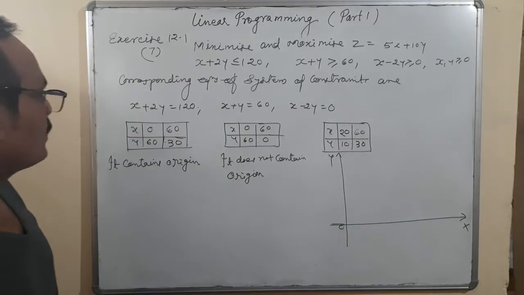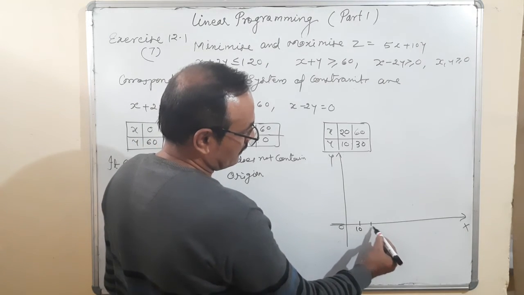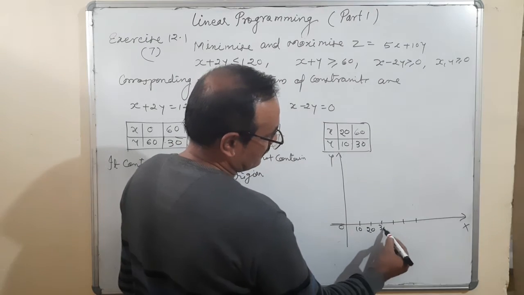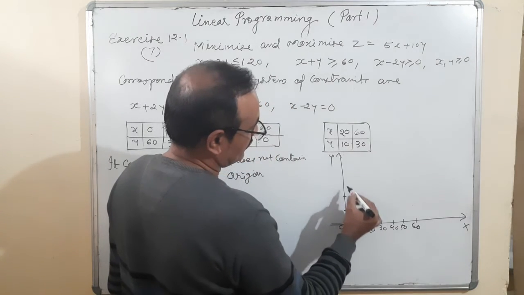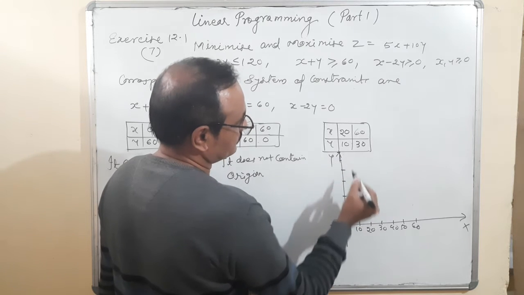Here the maximum will go up to 60. Scale taking 10, 20, 30, 40, 50, 60 on both axes. Okay.